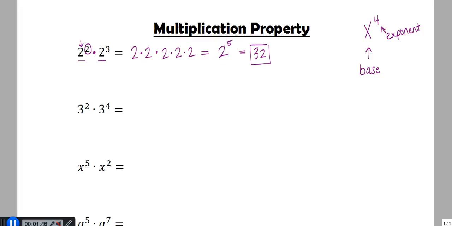3 squared times 3 to the fourth. Again, my bases are the same and I'm multiplying them together. So I have 2 3's and I'm multiplying that to 4 3's.